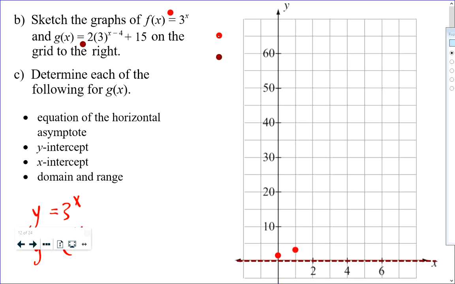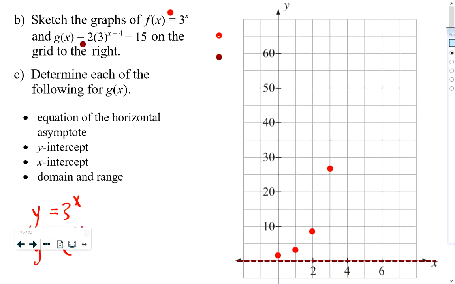So when I triple 1, I get 3. When I move over another 1, I triple it again, and I get 9. When I triple 9, I get 27. That's 25. 27 would be about here. When I triple 27, I get 81, and 81 is off the grid.